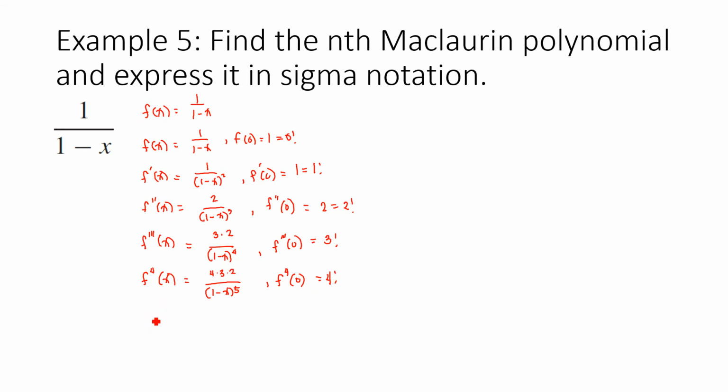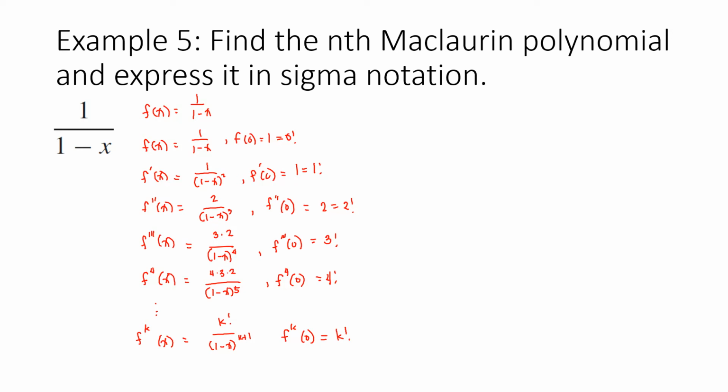Up to, okay, the kth derivative of f of x is equal to k factorial over 1 minus x quantity raised to k plus 1, so the kth derivative of f of 0 is equal to k factorial.